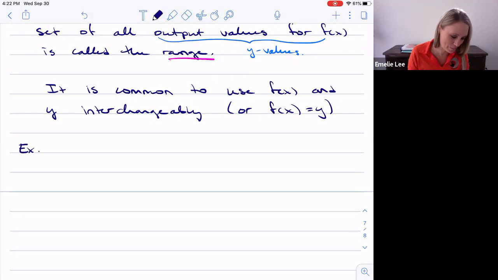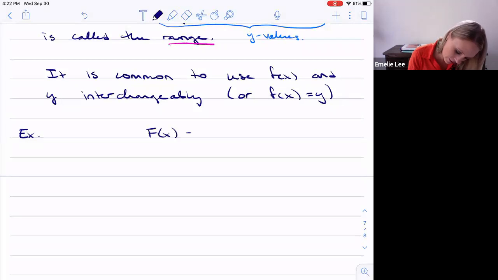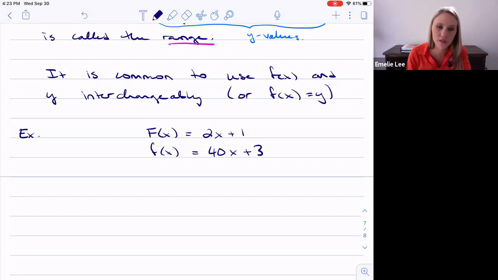How about a little example? If we let the function g be a machine, I don't know why I don't like calling it a machine. I guess it never really clicked with me. So capital F of x versus lowercase f of x, there's no real difference except the name of the machine, right? So capital F of x could be 2x plus 1, whereas lowercase f of x is 40x plus 3.